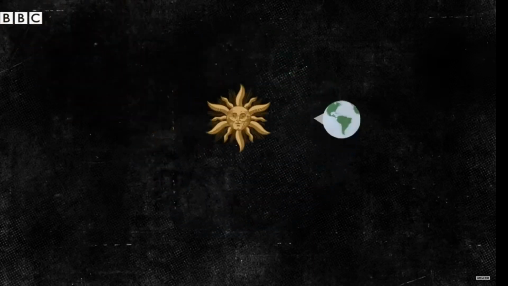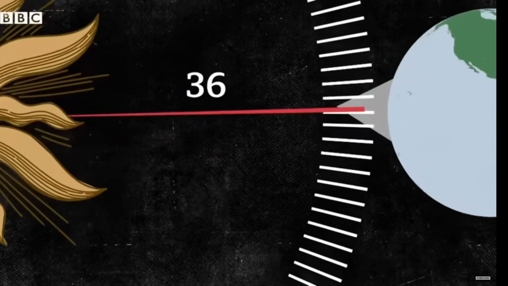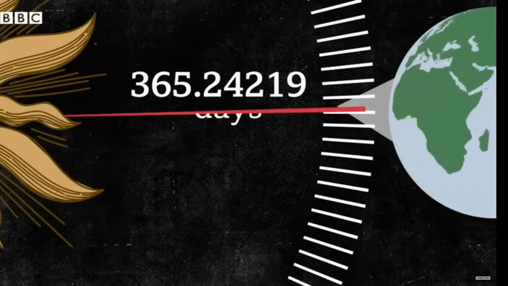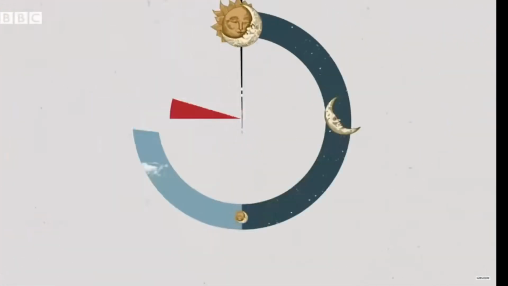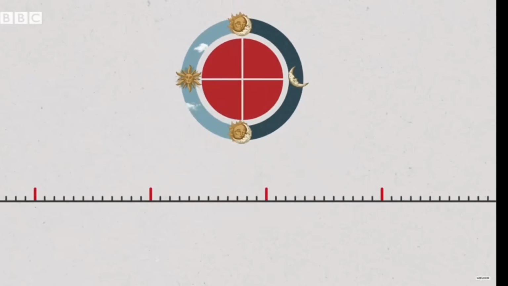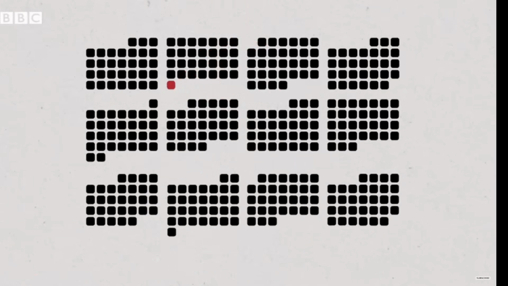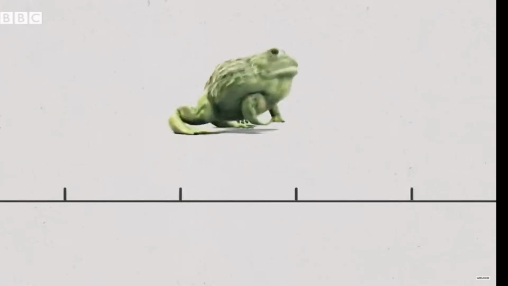And we measure a calendar year as how long it takes the Earth to orbit the Sun, 365 days. Except the time it actually takes for the Earth to circle the Sun is 365.24 days. So that's roughly a quarter of a day longer, which adds up to a full day every 4 years. To keep everything in sync, this full day is added to the fourth year's shortest month, February, and that's what we call a leap year.